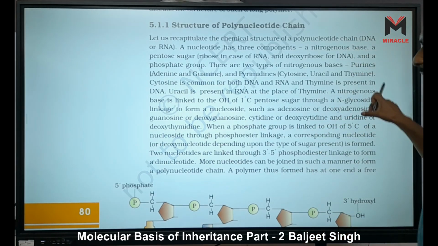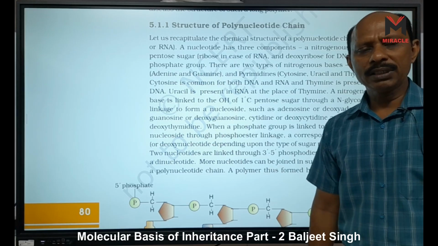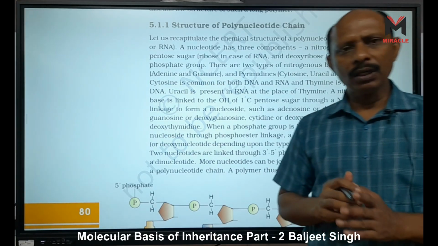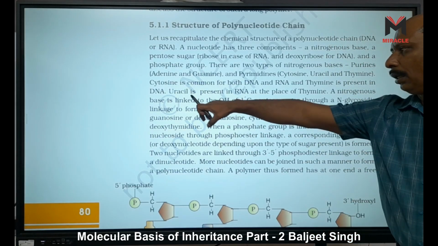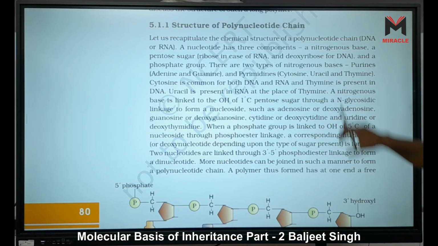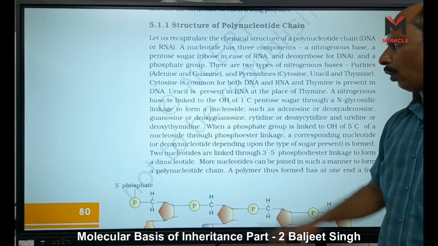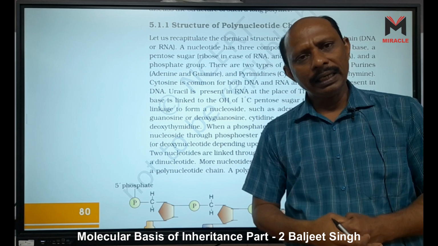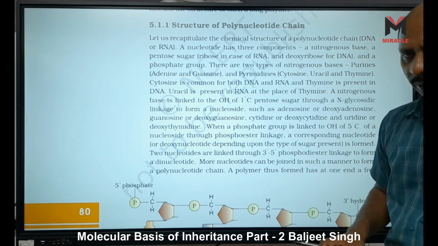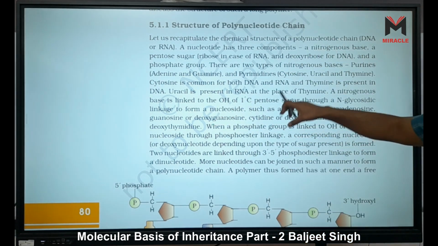But thymine is present in DNA only, in the form of deoxythymidylic acid, right? Uracil is present in RNA in place of thymine. We can say uridylic acid is there. Here deoxy is not there, right? Because it is present only in RNA.